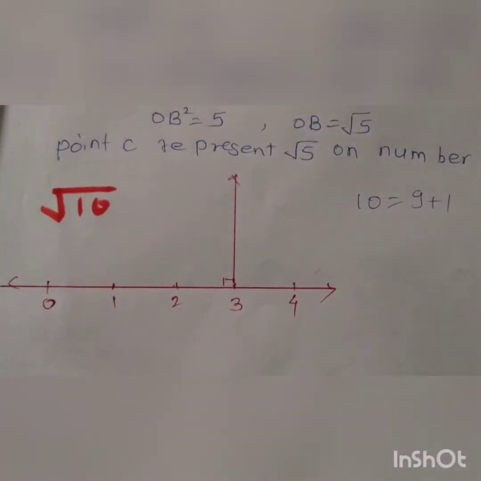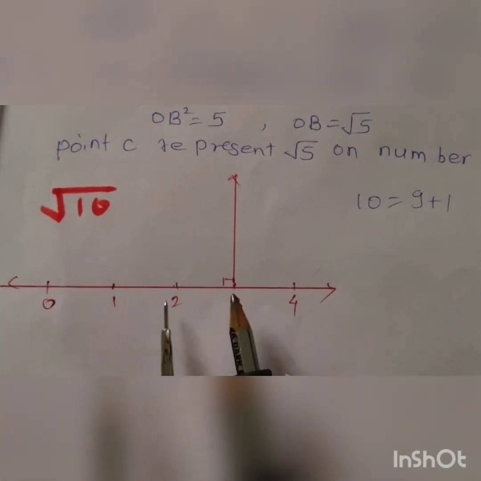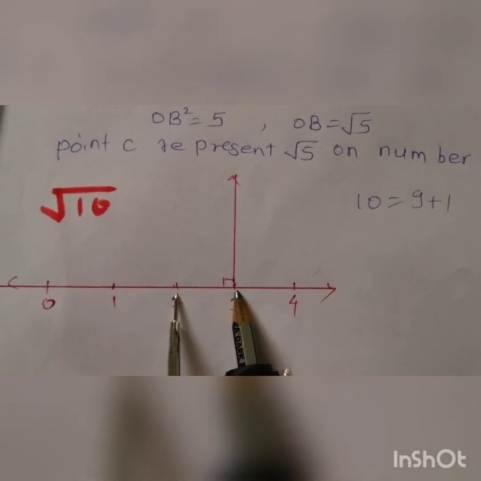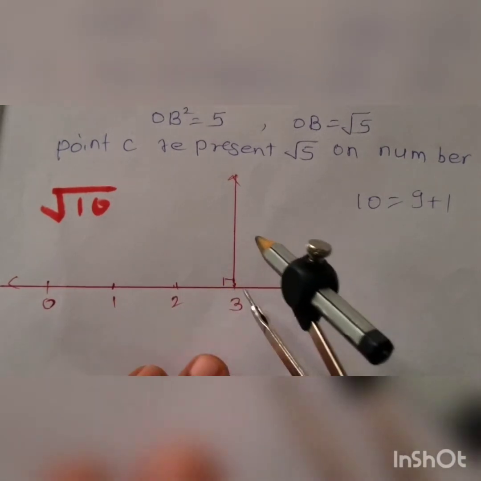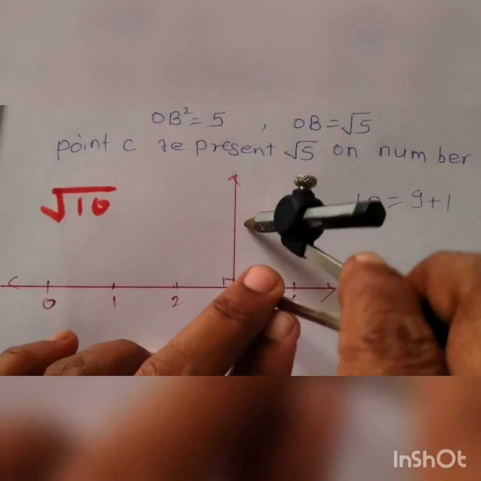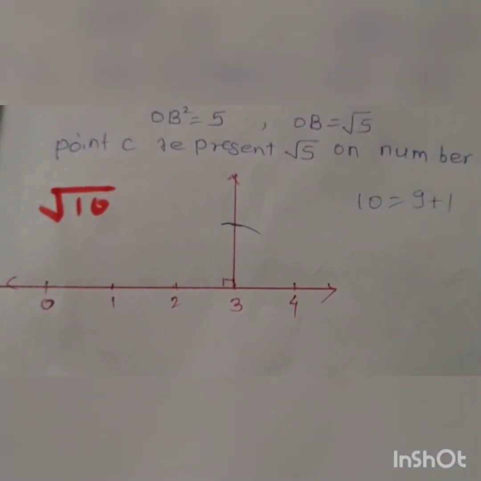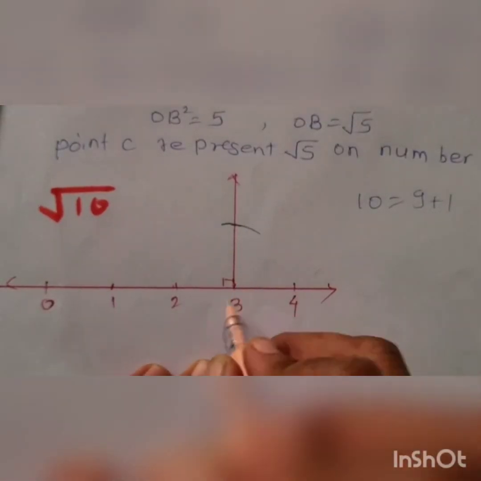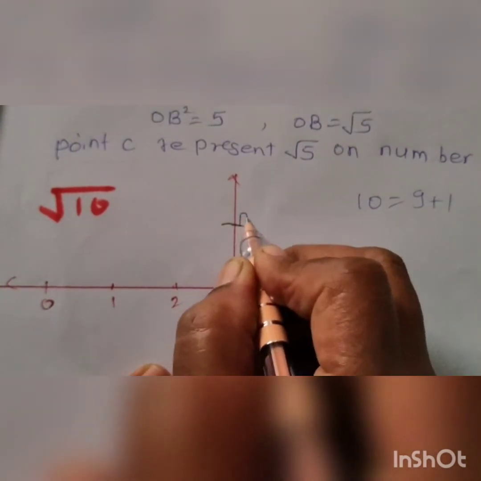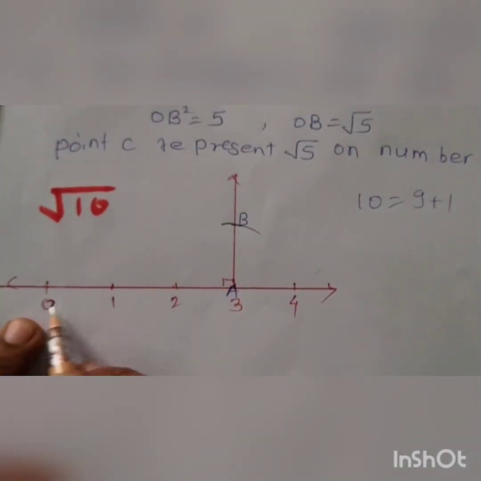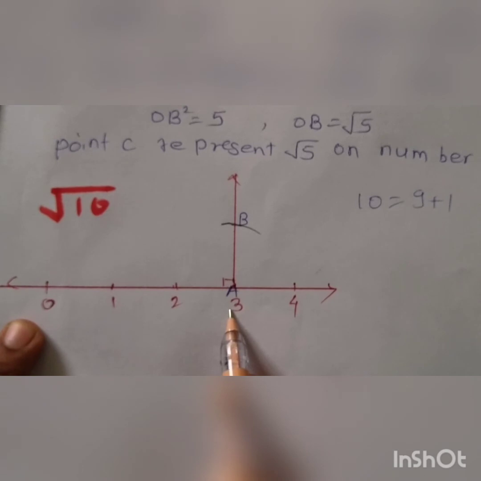Again, using compass, measure this distance, that is 1 unit. Put compass on this point and draw this arc. Suppose this point is A and this point is B. Now OA is 3 and AB is 1.